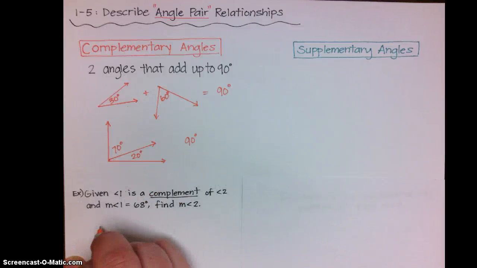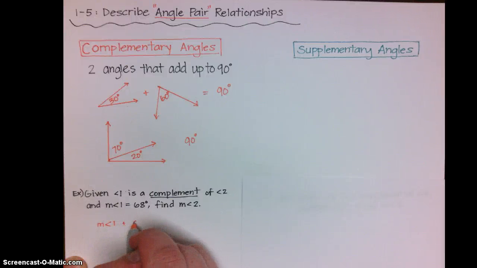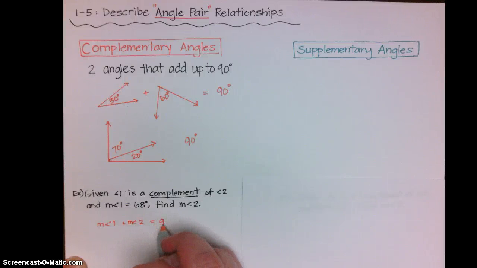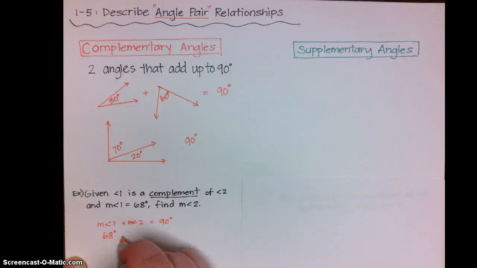I know that angle 1 and angle 2 must add up to 90 degrees. So if angle 1 is 68 degrees, I can easily find the second angle by simply subtracting 68 degrees from the 90. And I'll see that the measure of angle 2 is in fact 22 degrees.